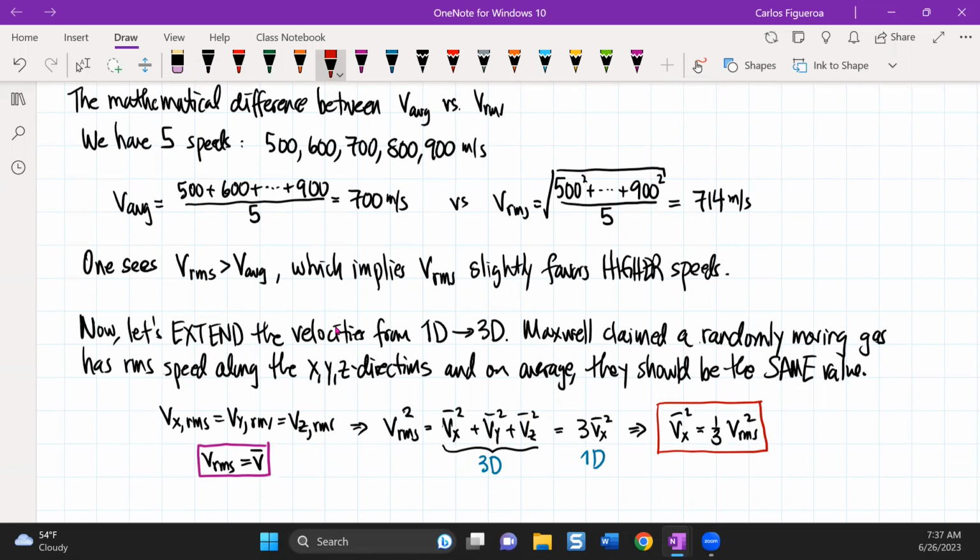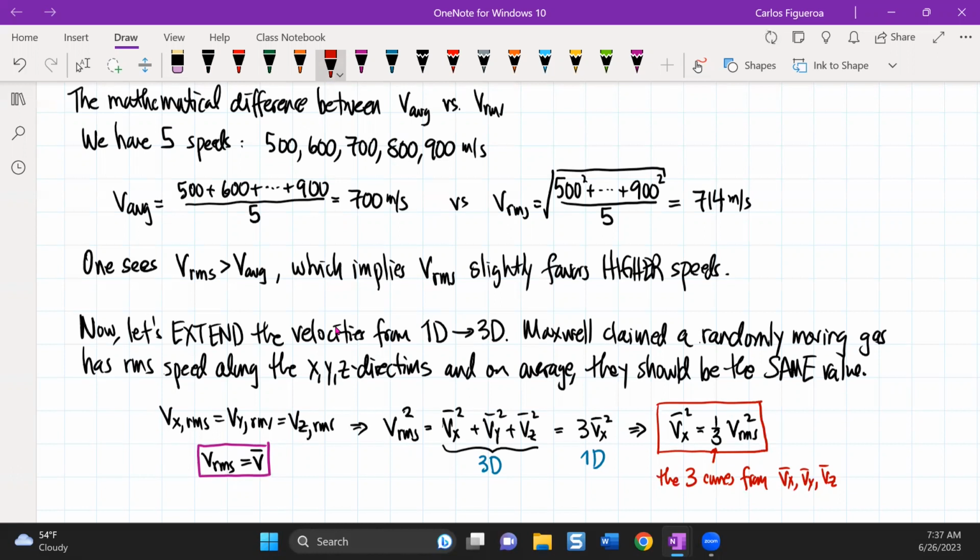And you can see here that the 3 comes from Vx, Vy, Vz. Of course, they're all RMS values. The 3 enters.